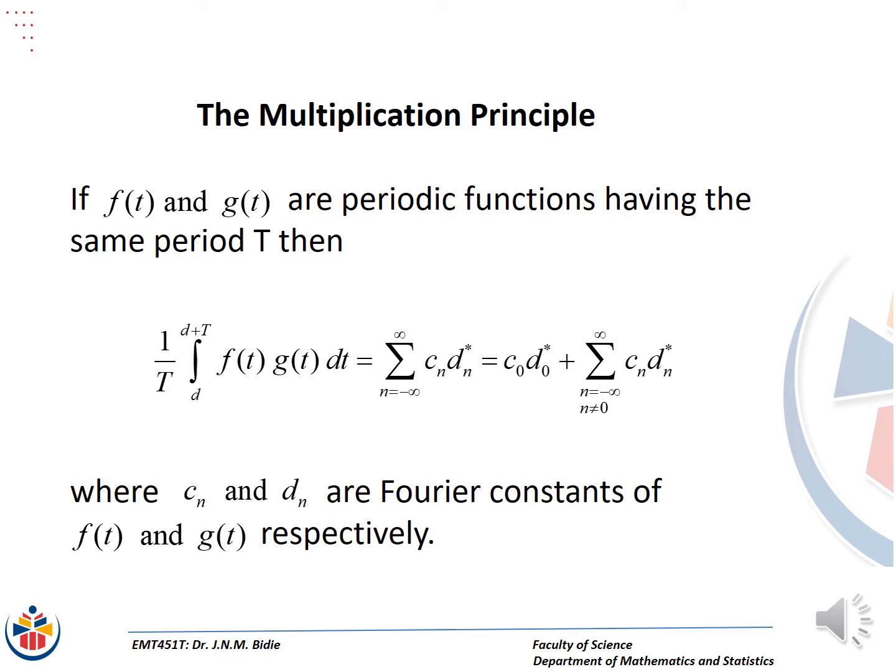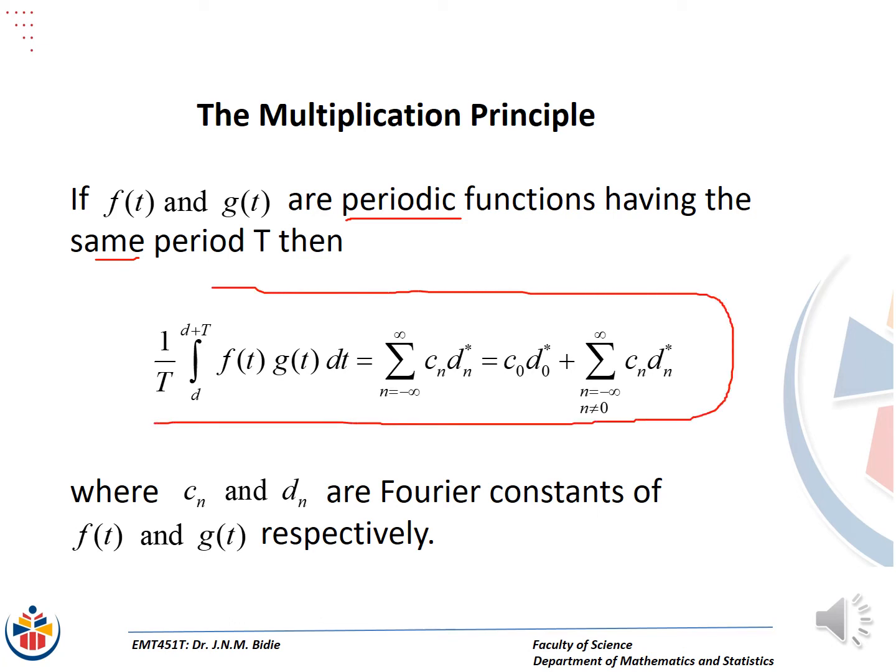Then moving forward, we have the multiplication principle. Note that we have two functions that have the same period, which is T. Then they can be represented in that format using the multiplication principle.